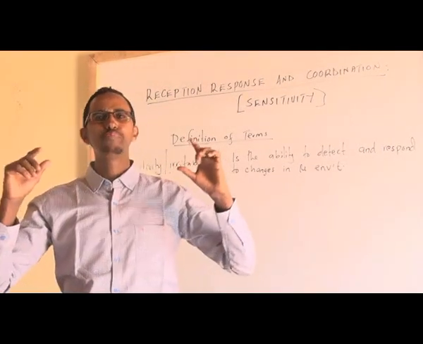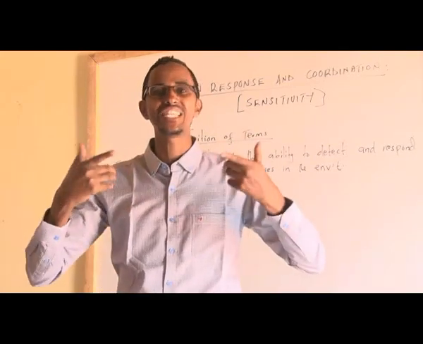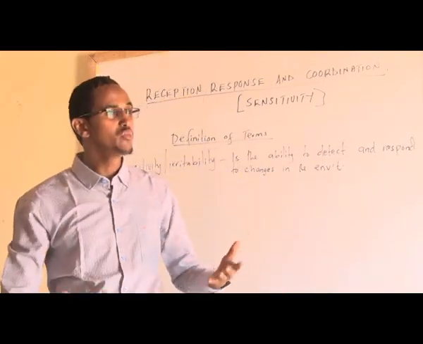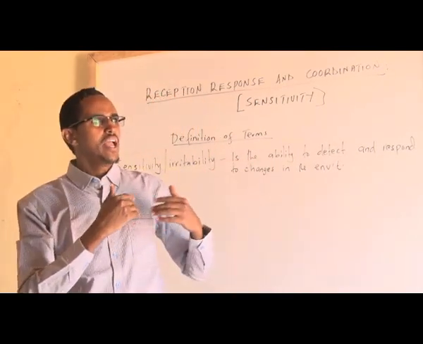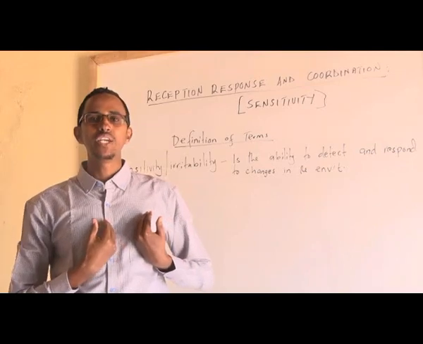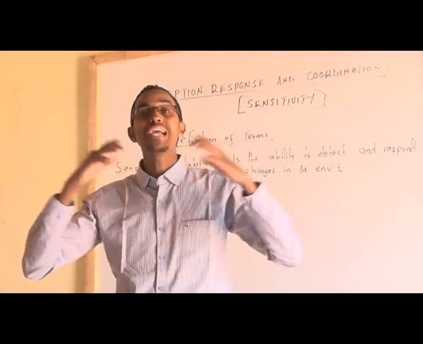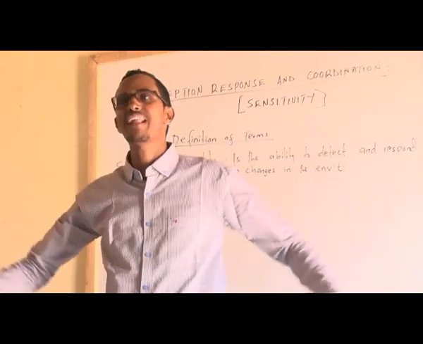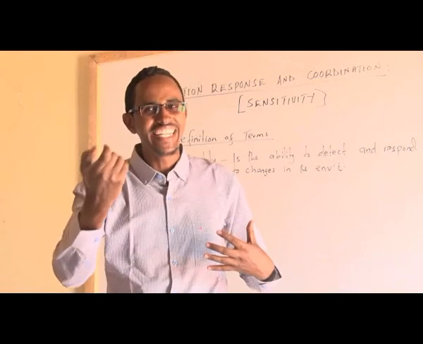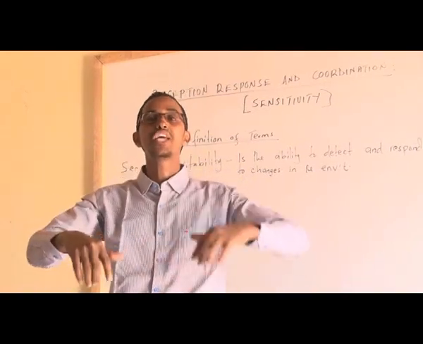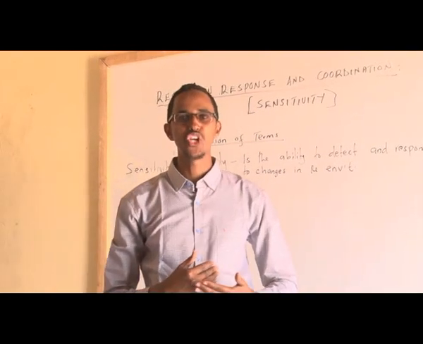The change could be change in the direction of light or change in the intensity of light, change in humidity, and something like that. So a living organism has the ability of detecting, the ability of being aware of what is happening in its environment. That one is not enough. When the organism detects that there is a change in the environment, it will respond and react to that particular change.